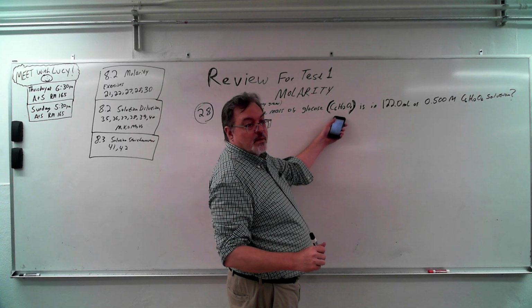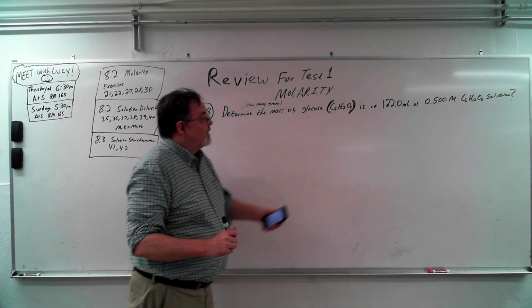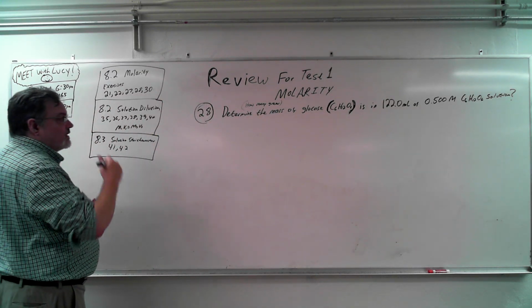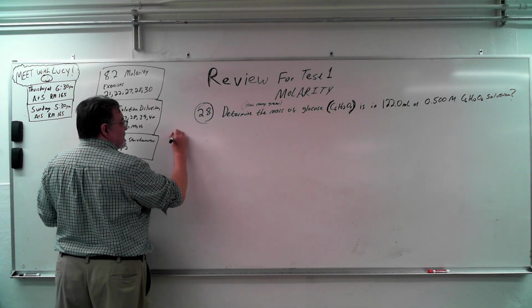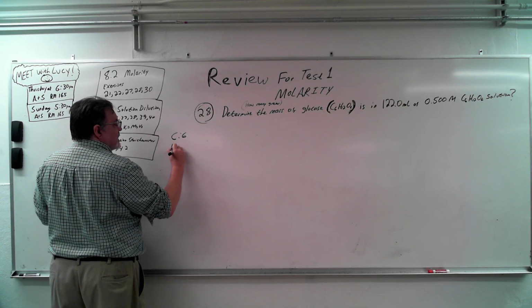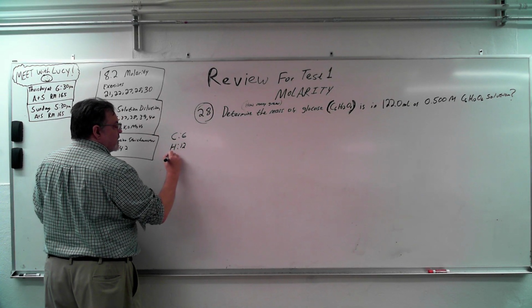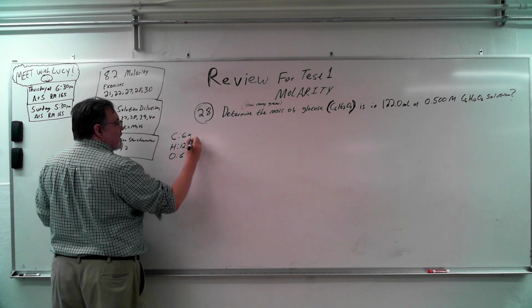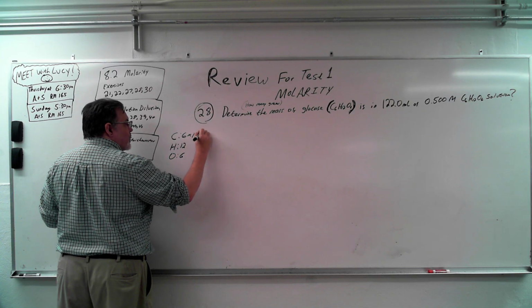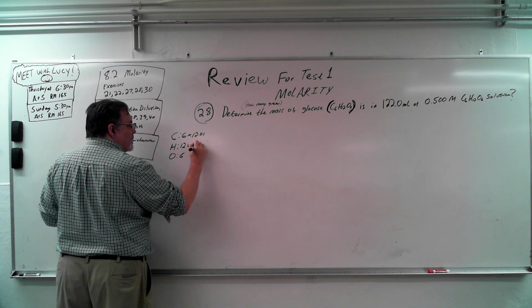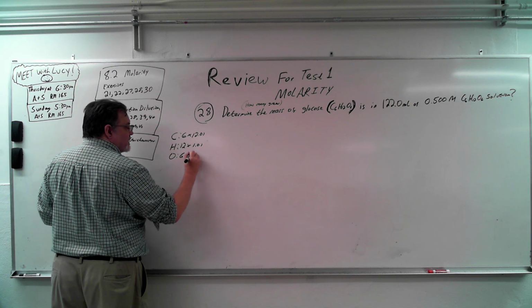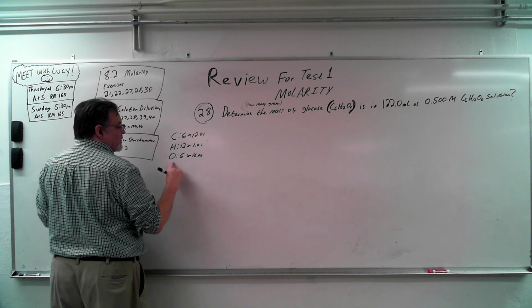That means you're going to need the grams per mole here. Unfortunately, this is a huge molecule. C6H12O6. On the periodic table, you get 12.01 for carbon, 1.01 for hydrogen, and 16.00 for oxygen.